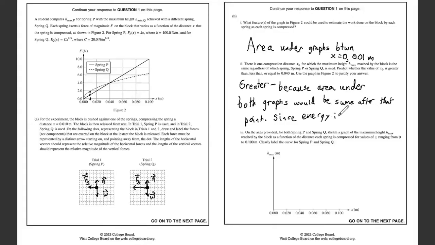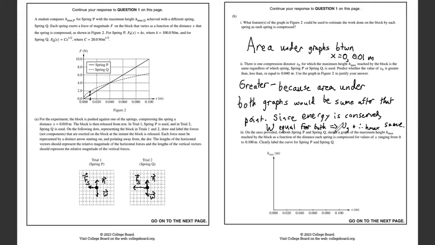Since energy is conserved, what we need is work done to be equal, W equal for both masses, which implies that UG and therefore H max is going to be the same for both blocks as well.